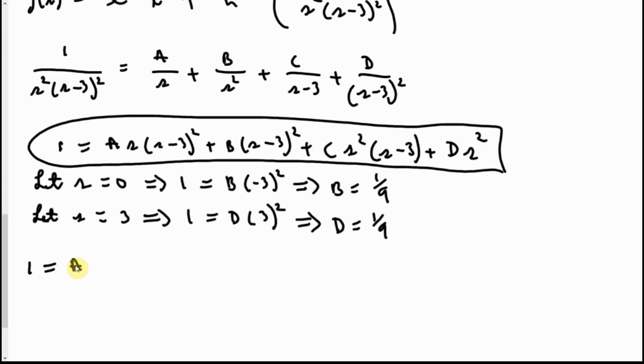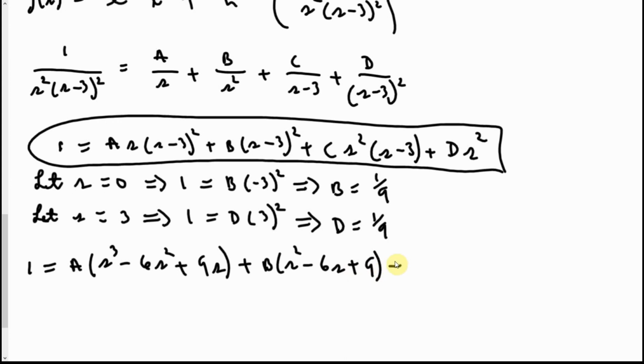So this is A times parentheses s squared minus 6s plus 9, each one times s, so that's s cubed minus 6s squared plus 9s, plus B times parentheses s squared minus 6s plus 9, plus C times s cubed minus 3s squared, plus D s squared.